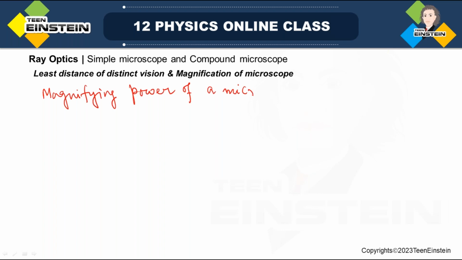Actually, this definition will be common for both the compound and simple microscope. So that's why I'm just defining this in the beginning itself. And it is denoted by small m, just like linear magnification in case of lens.